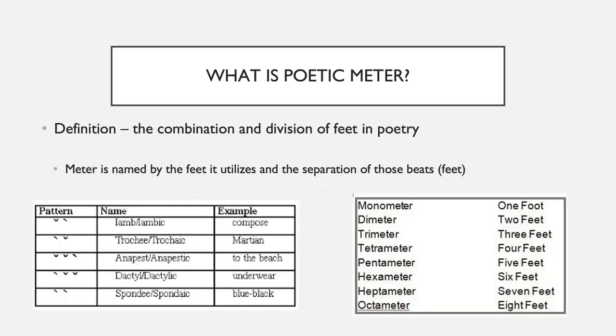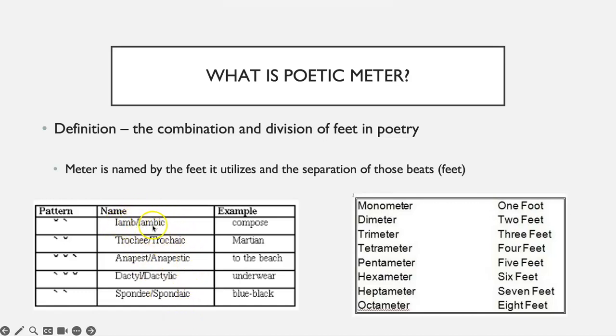So poetic meter, what is that? This goes hand in hand with poetic feet, and specifically this is the combination and division of feet in poetry. It's also the naming system for what a poem or another piece of literature has in its rhythm. If you look over here on this chart on the left, you see all those five feet that I talked about a second ago, and they have these names that come with them.